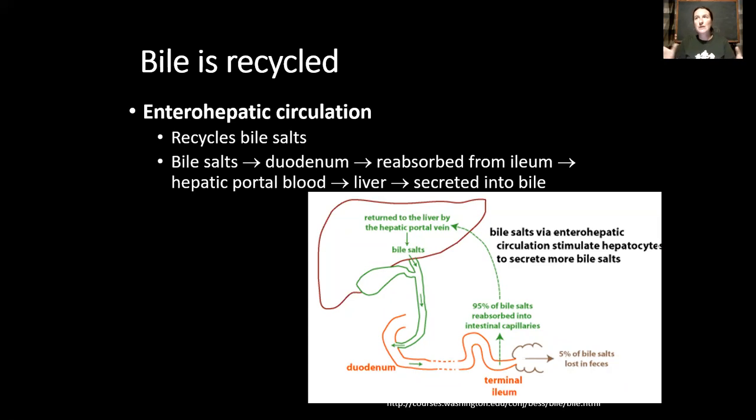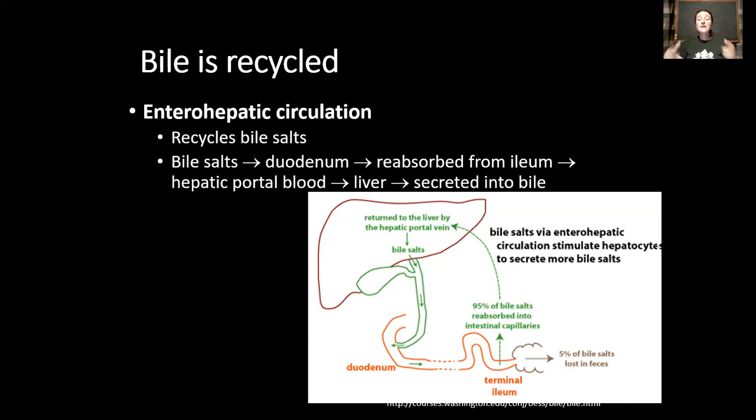We can keep on using cholesterol, which of course is really important to all sorts of things, over and over and over again. What this little sketch is showing us is that the liver makes the bile, it goes into the duodenum, and over the length of the small intestine, we absorb a lot of those different substances, particularly the bile salts, which are important in emulsification.